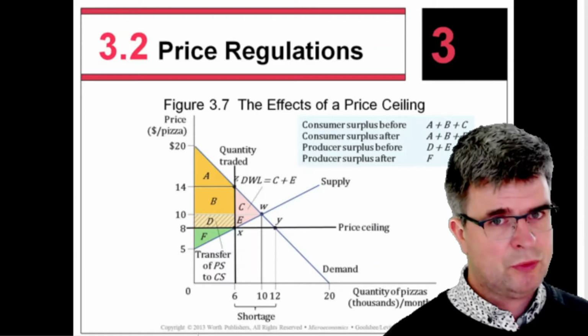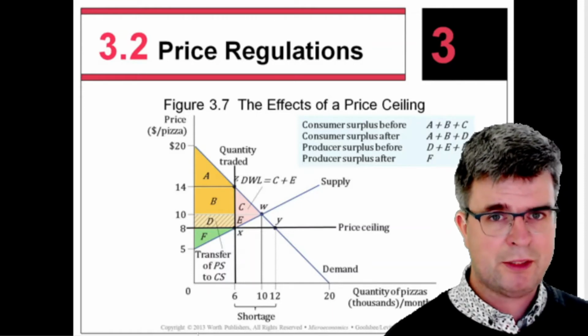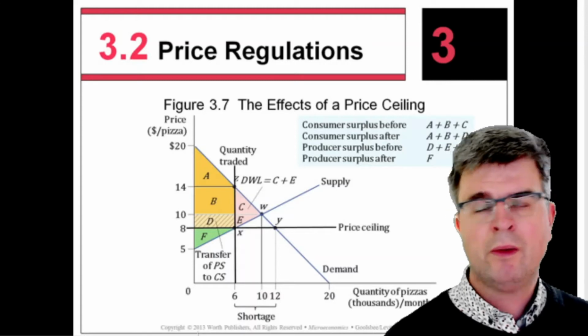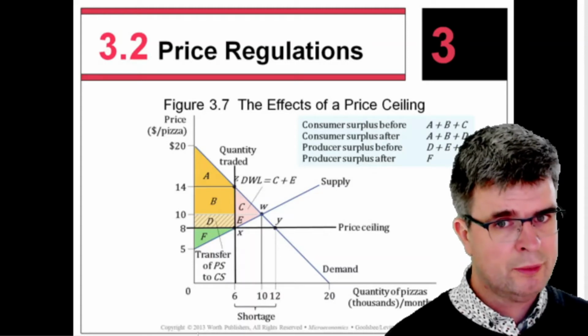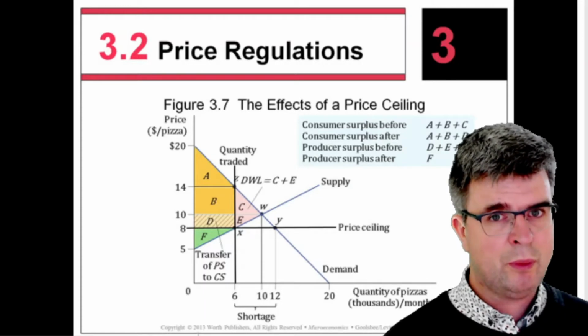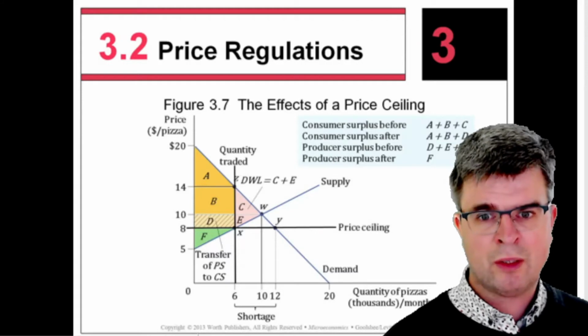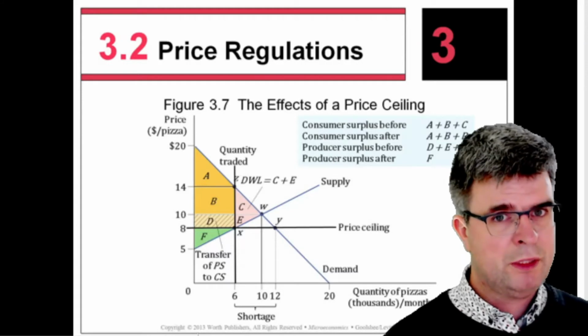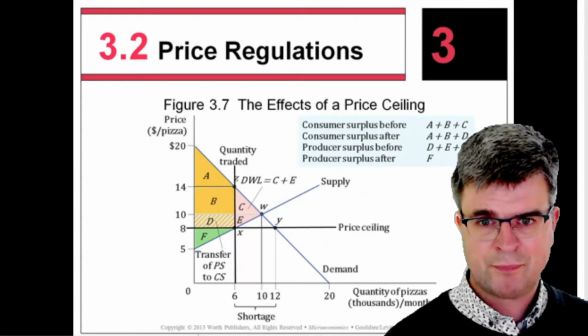Now, suppose that for some reason the government deems this equilibrium price too high. It says, well, it's ridiculous that a pizza costs you $10, and we will solve that by imposing a price ceiling of $8, meaning that pizzas can never be sold at a price higher than $8.